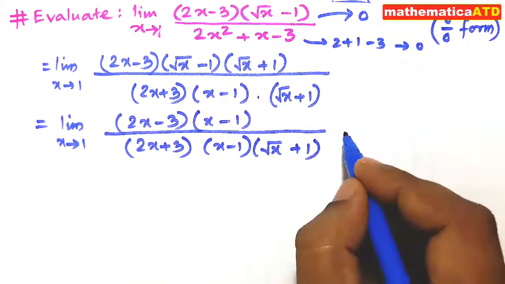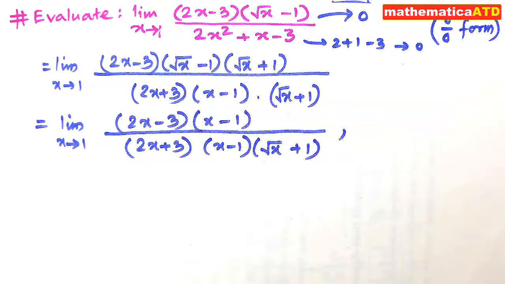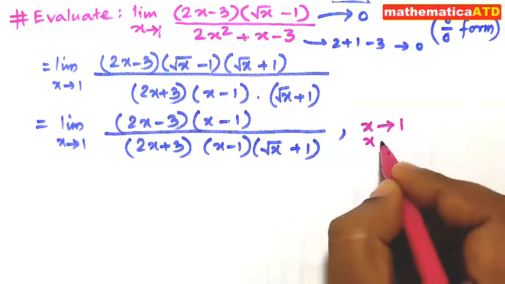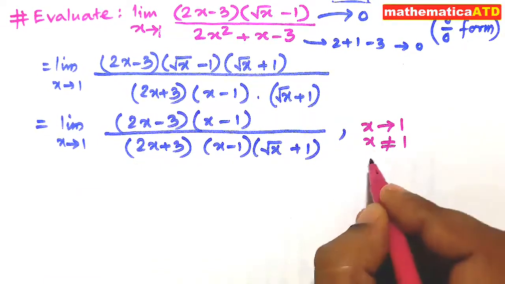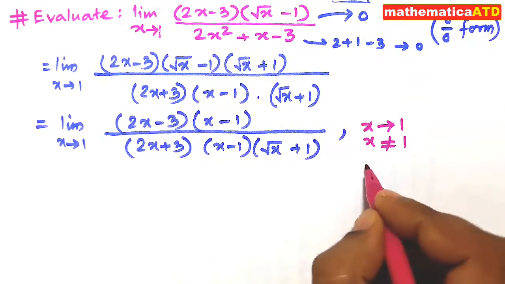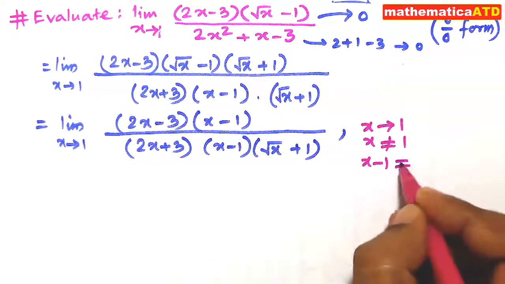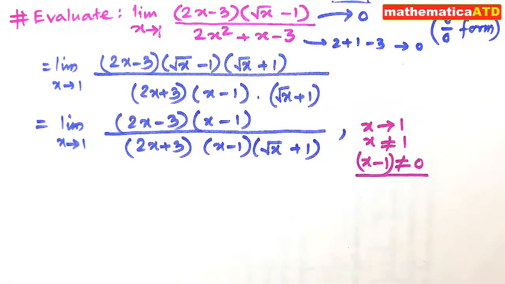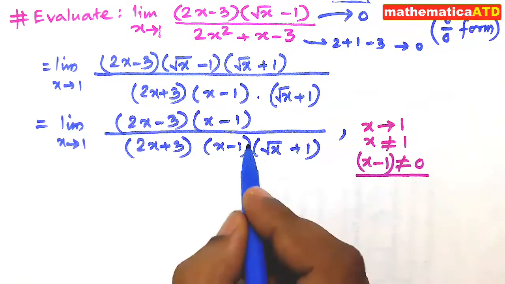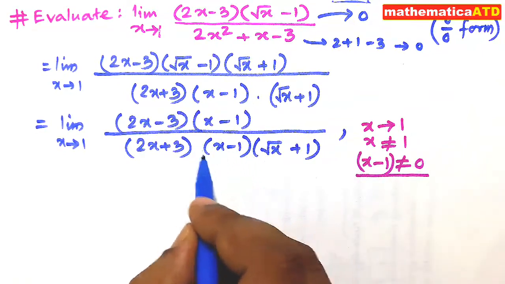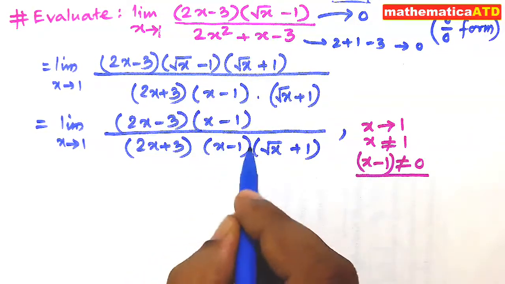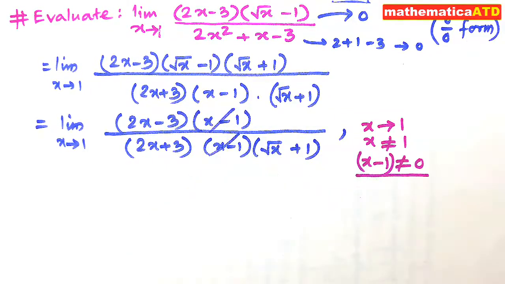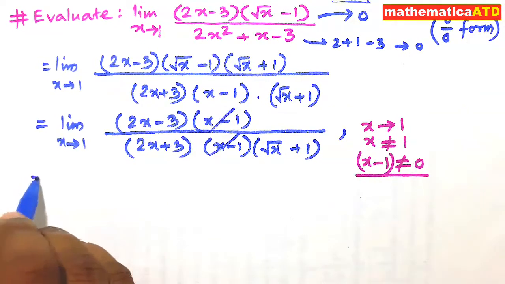Now friends, see that since x is tending to 1, x is not equal to 1, isn't it? So if you take 1 to the left side, it will be x minus 1 is not equal to 0. And find that x minus 1 is a factor in your denominator. And since x minus 1 is not equal to 0, you can cancel these two x minus 1s, isn't it?